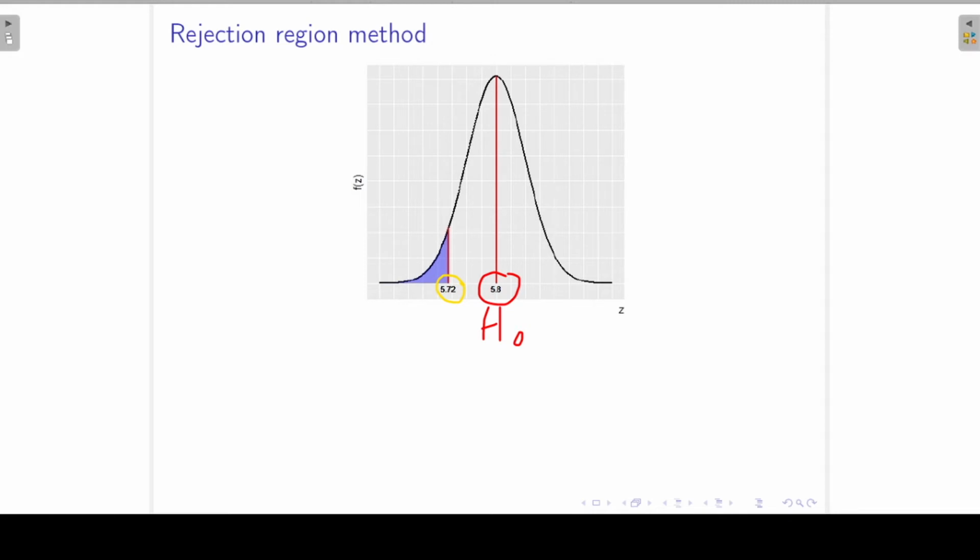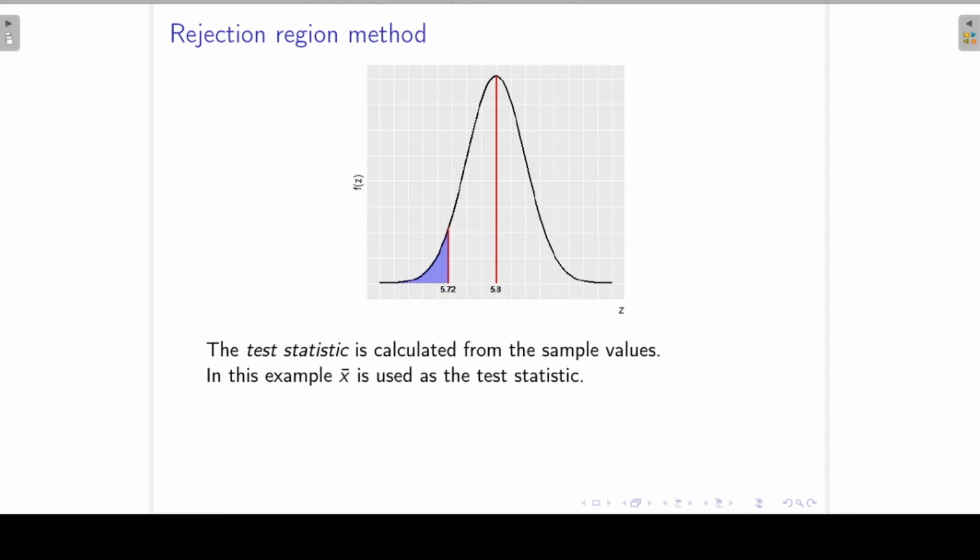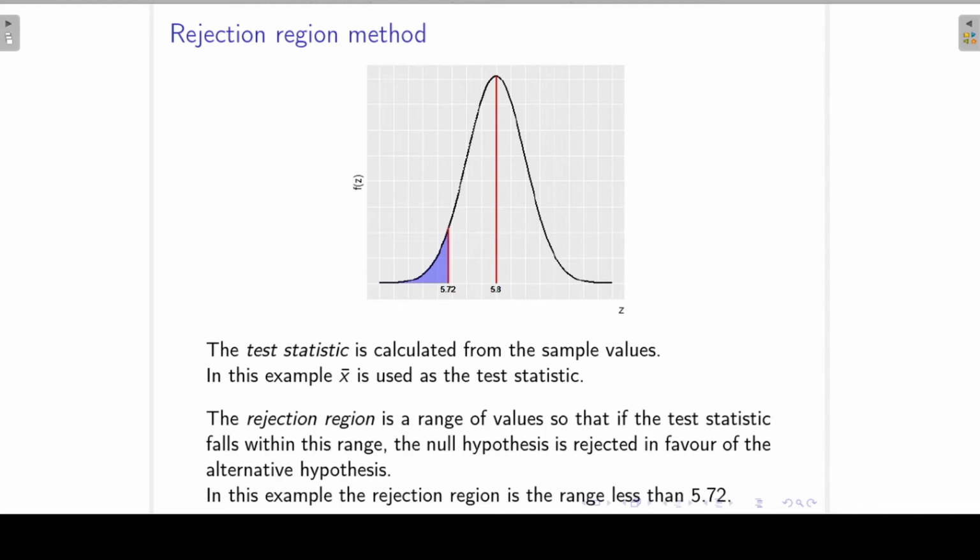the null hypothesis. So just for a little bit of terminology, the test statistic is a value that is calculated from the sample values. Now in our example, we calculated the sample mean from the sample, and we used that as the test statistic. And then the rejection region is a range of values, so that if the test statistic falls within this range, the null hypothesis is rejected in favor of the alternative.